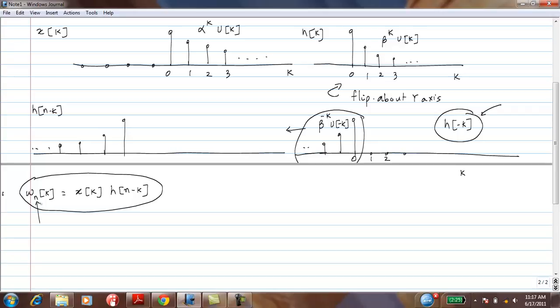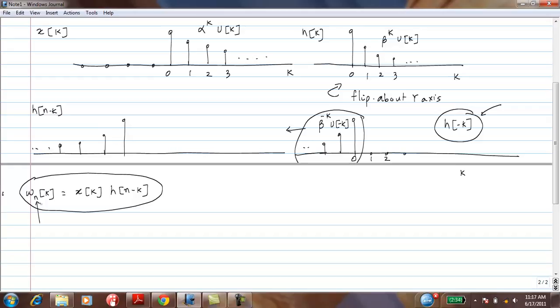The skill that you really need to acquire, or one of the skills that you need to acquire, is to be able to figure out what this function is for different ranges of n. You have to look at the problem and figure out, okay, in this range of n, w_n of k can be written by this particular expression, and this expression would hold for n in this entire range.